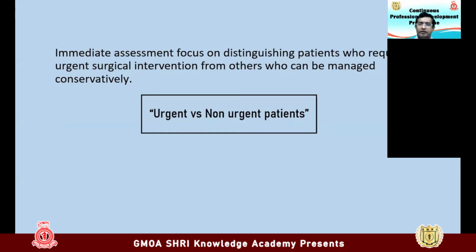Sometimes the patient can die if we delay the diagnosis or if we delay seeing and preparing this patient, to minimize the bad sequelae.